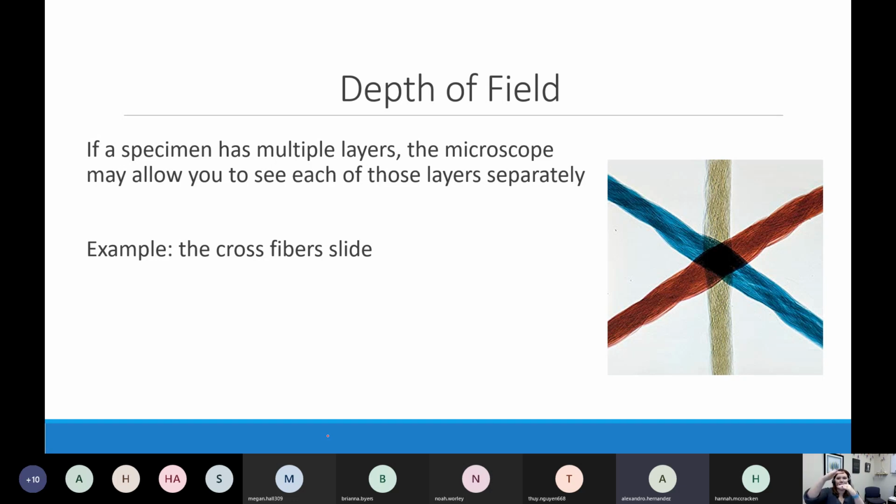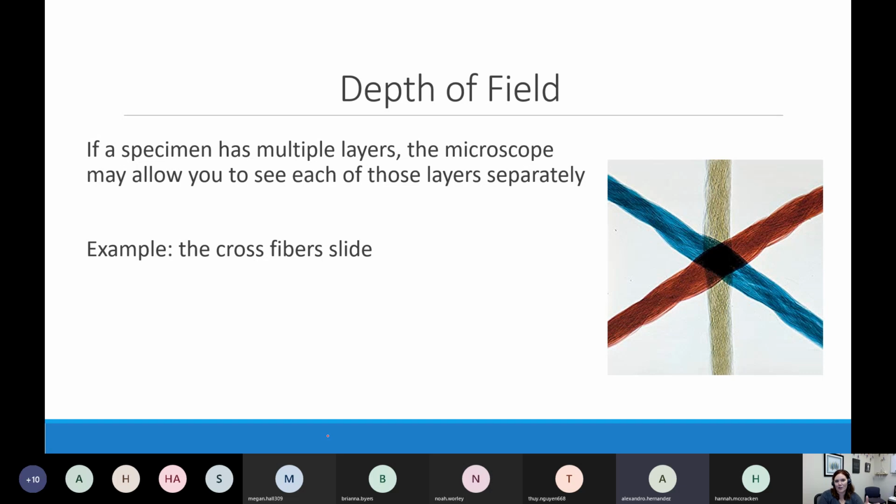So there's a 3D space inside your slide where the tissue is found. The amount of that 3D space that you can focus on at one point of time, that's something called the depth of field. So imagine that your slide is a swimming pool. How deep can I focus without things getting blurry? That's the depth of field.